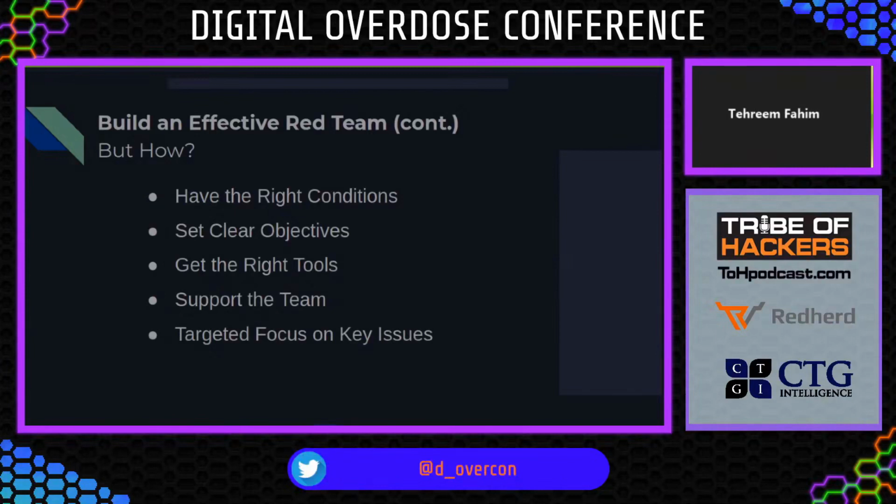Third, get the right tools. Red teaming is about more than penetration testing. Make sure that your team has the right testing, vulnerability management, and any other assessment tools needed in order to get the job done. Depending on past experience, members of the team will have had experience using different tools to complete the same task.